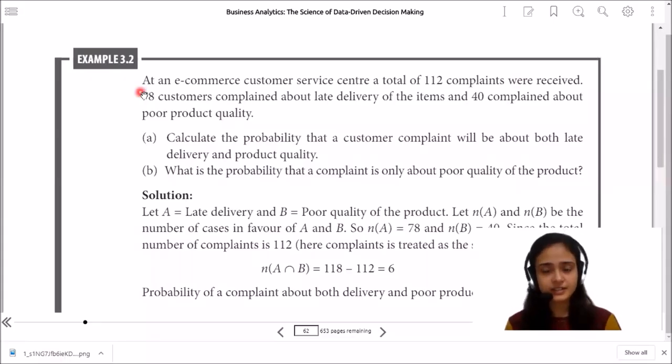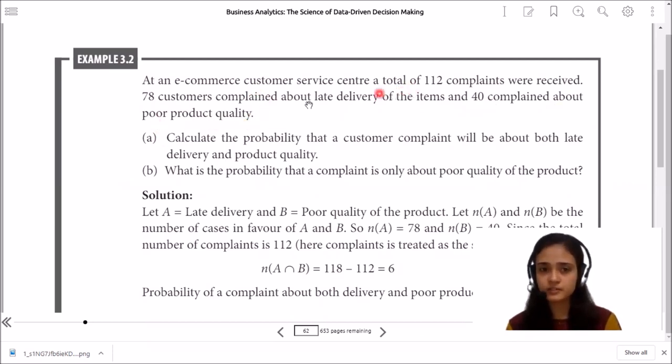The data given is from example 3.2. At an e-commerce service center, a total of 112 complaints were received. 78 customers complained about the late delivery of items, and 40 complained about poor product quality.